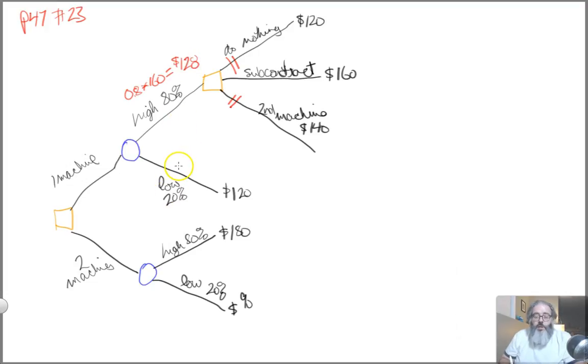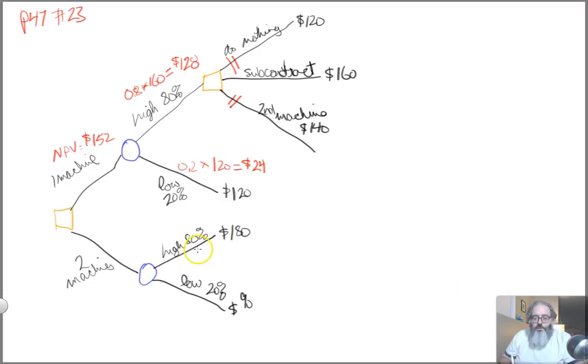If the demand is low, then our calculation is going to be 0.2 times 120, and that's going to give us $24,000. Sum that up, so 128 plus 24, and we're going to have a net present value of $152,000 if we pick one machine.